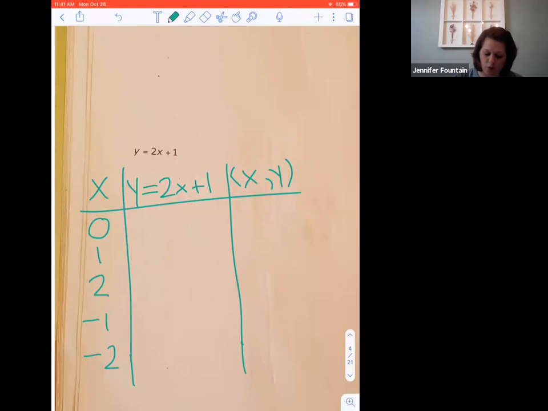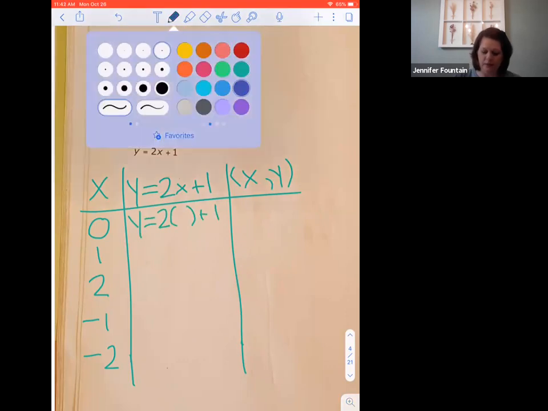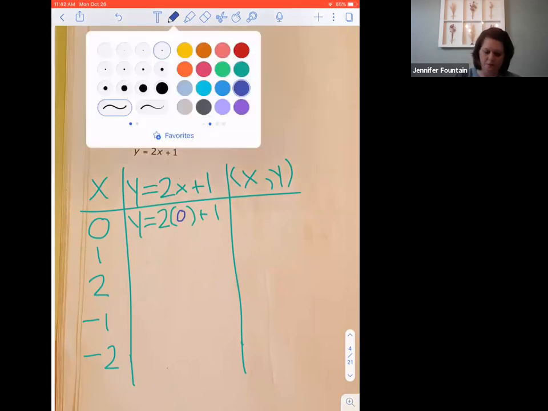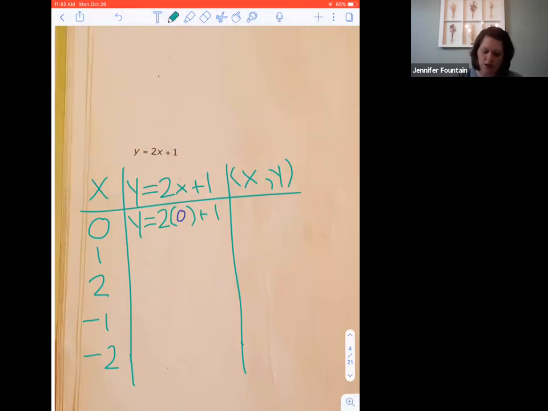Okay, now I'm going to have y equals 2, put parentheses for x, plus 1. I'm going to plug in 0 there. 2 times 0 is 0, and 0 plus 1 equals 1. So my ordered pair will be 0, 1.